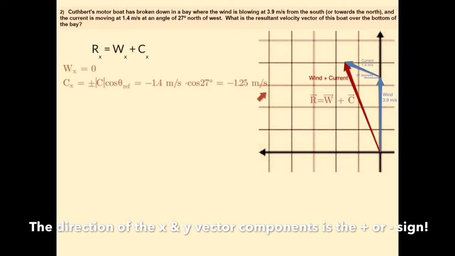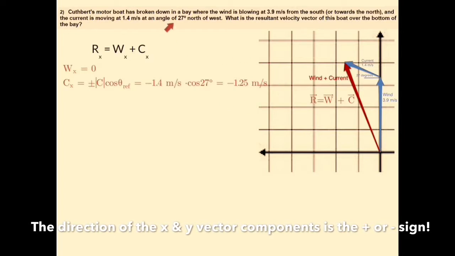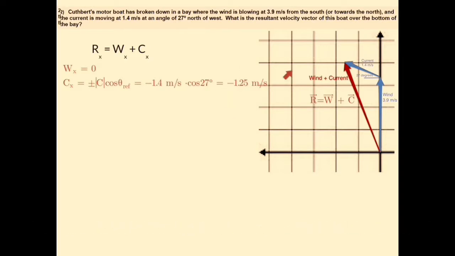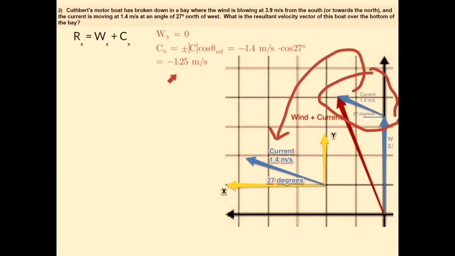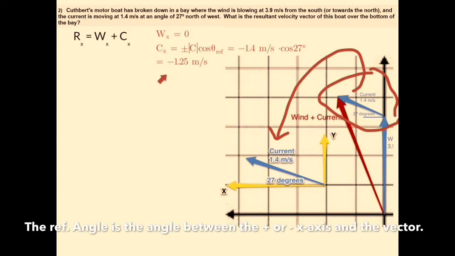We carry 3 significant figures here, since this is a 2 significant figure problem and we don't want to propagate round-off error. Let's examine the details of how we calculated that the x component of the current vector, depicted here, is minus 1.25 meters per second.